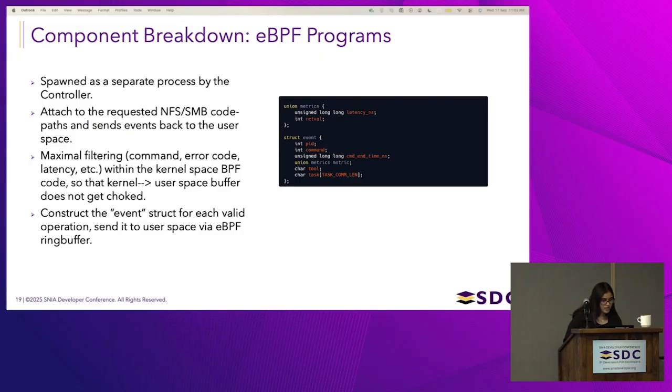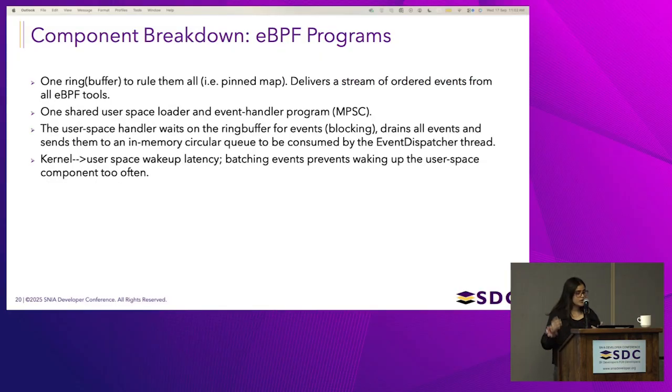Like I mentioned, there's one ring buffer to rule them all. There's a pinned eBPF ring buffer, which delivers a stream of ordered events, a multiple producer, single consumer construct. And we are going to be using blocking wait on the user space side to wait for the ring buffer events. Now, the kernel is going to send these events to the eBPF ring buffer, but since the user space handler is waiting for events to come to the ring buffer, it needs to be woken up.